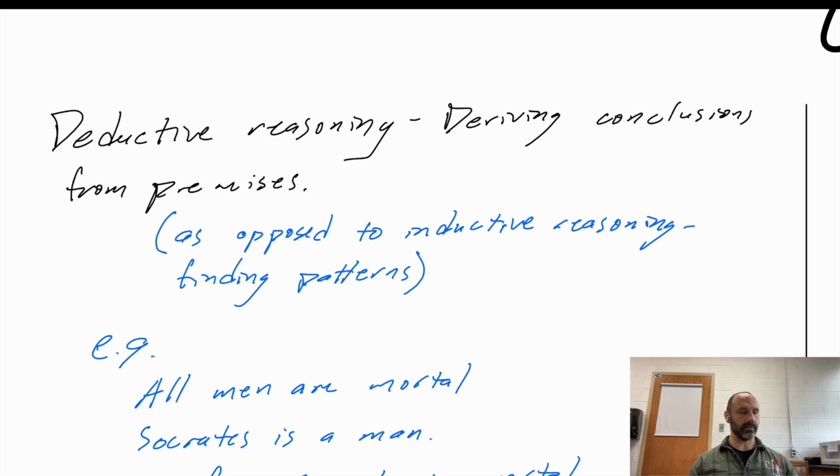Deductive reasoning, on the other hand, provides certainty, or at least as much certainty as the field can give. Not every field has the same kind of certainty as every other field. Mathematical certainty is a different kind of certainty than you can get in science or in philosophy. That, and the certainty of the premises that you have.